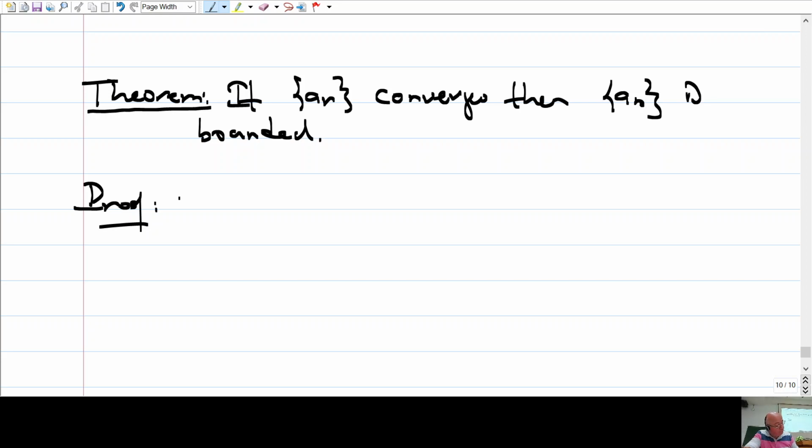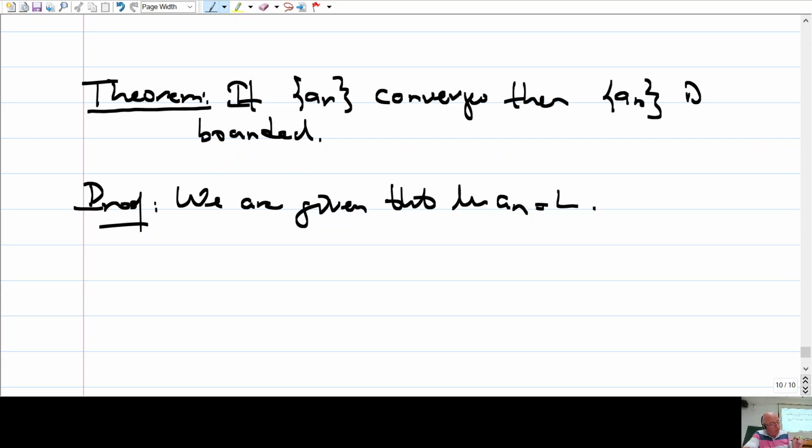So we are given that the limit of a_n equals L. This means for any epsilon there is some N, right? Since this definition of limit works for every epsilon, I can choose epsilon to be anything I want.